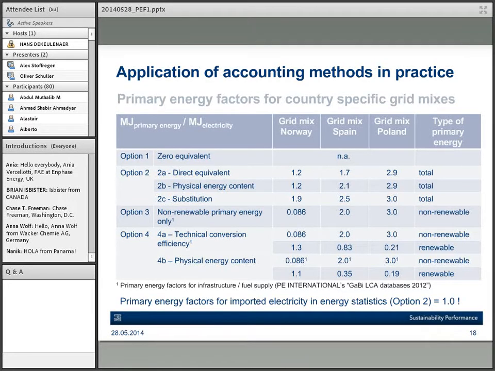If you look on the technical conversion efficiency, where you see the split up of non-renewable and renewable, you understand a little bit better that there's a lot of renewables already included. But as I said, it's very, very difficult to understand these differences between the different methods if you don't really understand how they work.